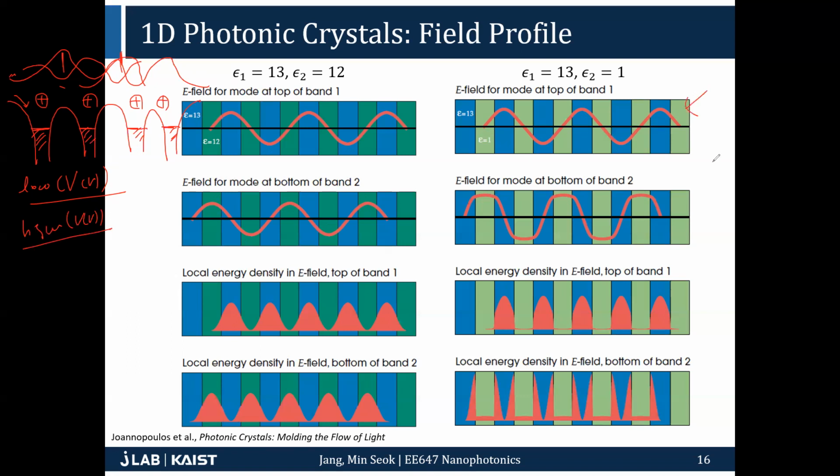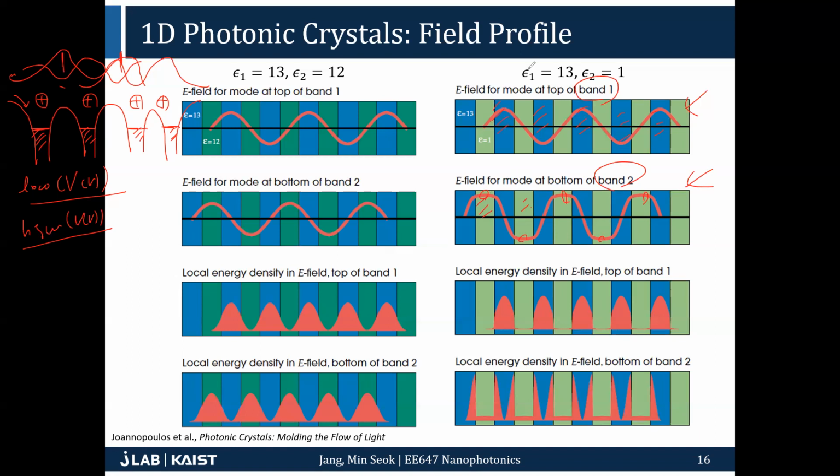And a similar thing happens here. In the lower band, photons tend to localize at the high index medium because that's more energetically favorable. The upper band tends to be at high energy, so in free space, or the lower permittivity region.